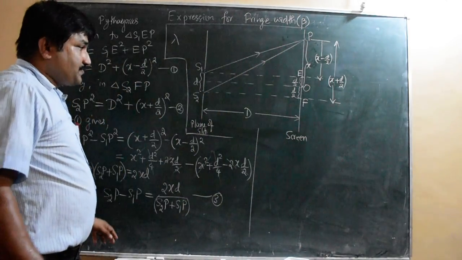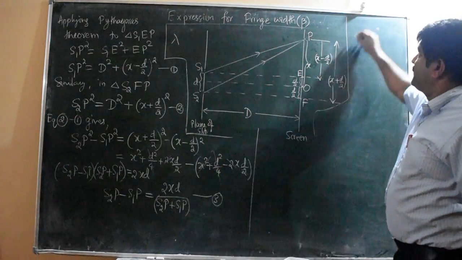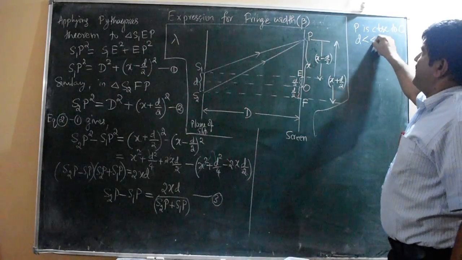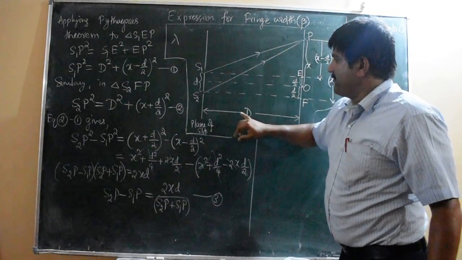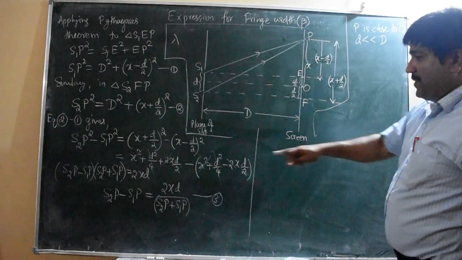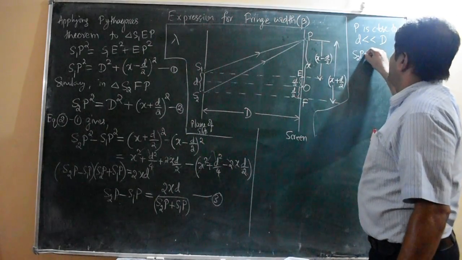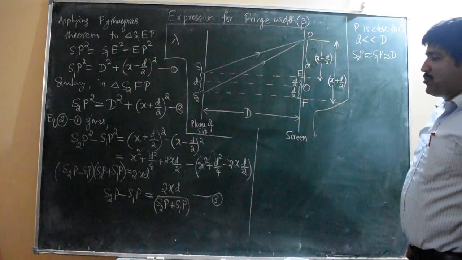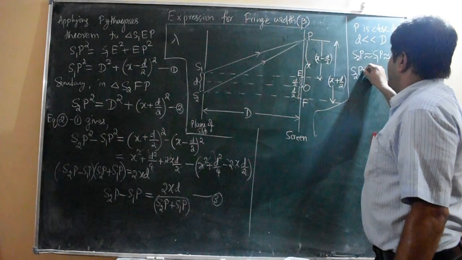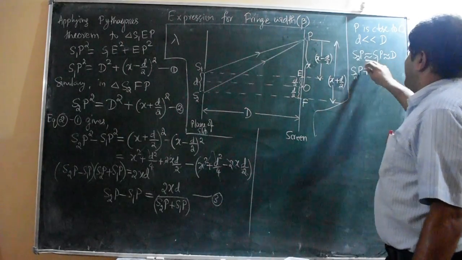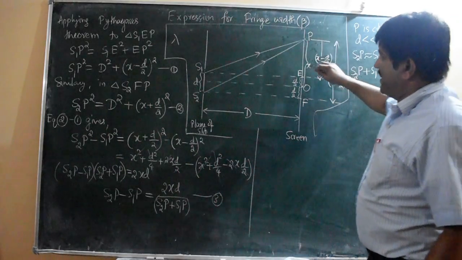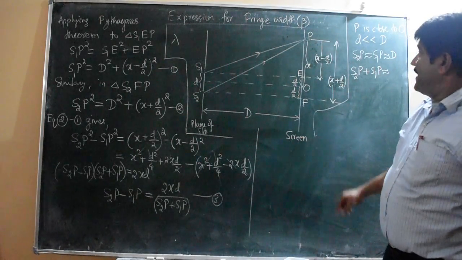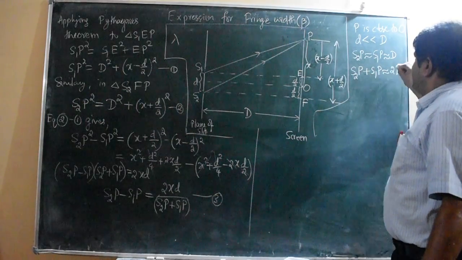So with one approximation, when the point P is close to O, and small d is very small compared to capital D, then S2P and S1P are nearly equal to capital D. So for the denominator, S2P plus S1P is nearly 2D. So that is the denominator.